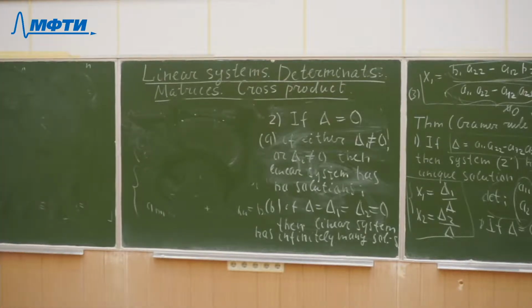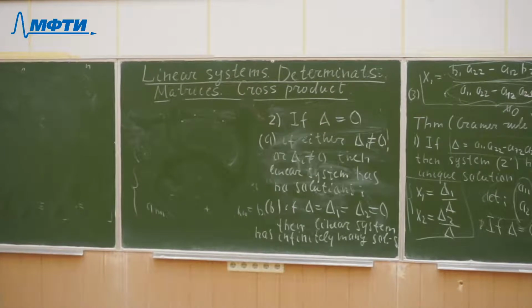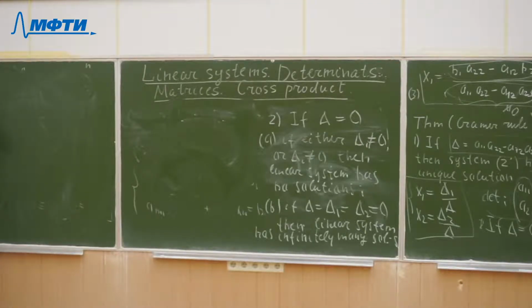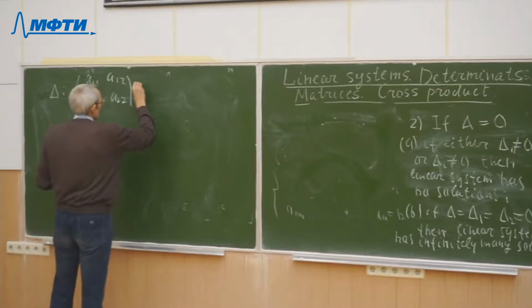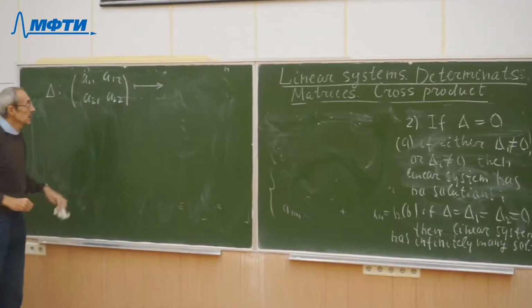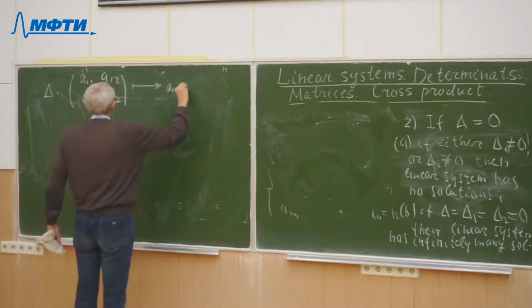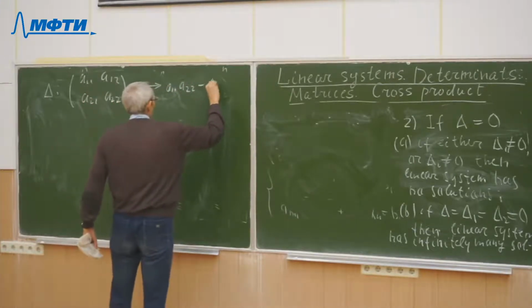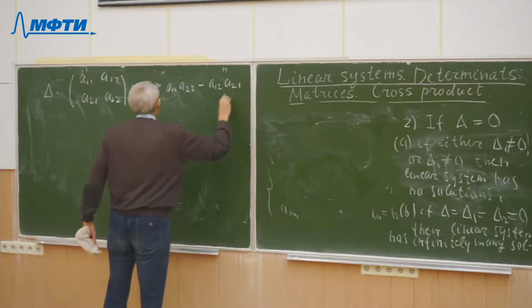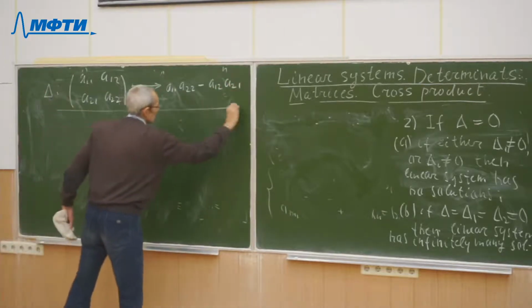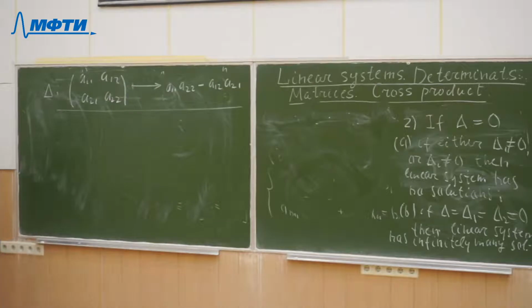So we have the following correspondence. We have some matrix, and we correspond to this matrix the following expression. And this correspondence we call determinant.